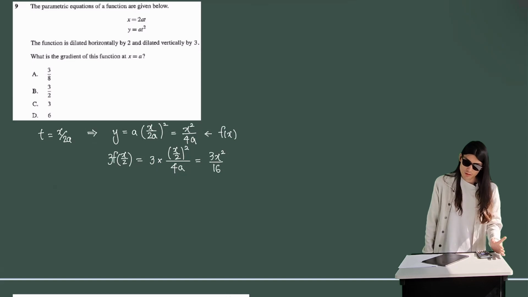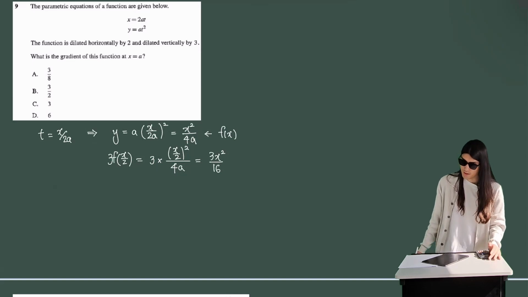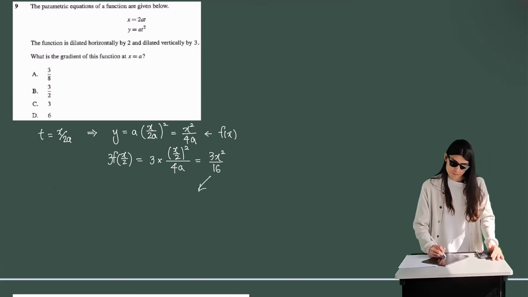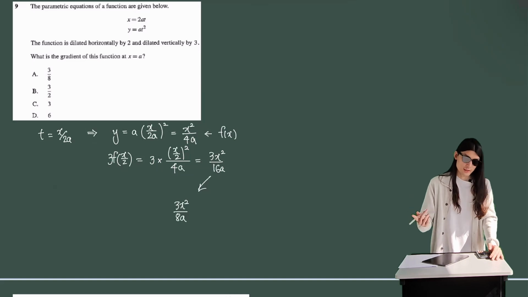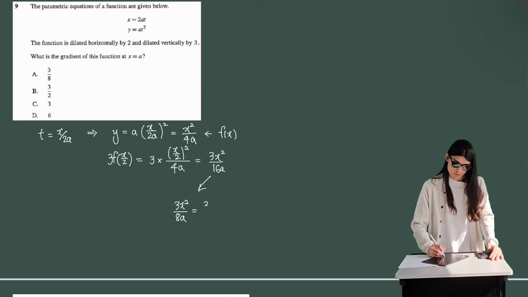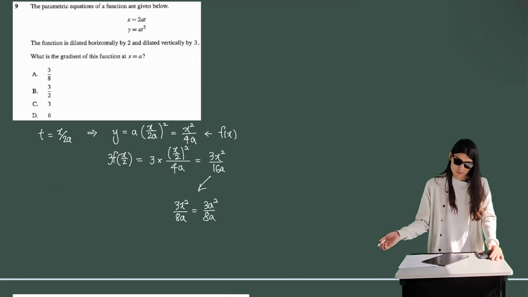And the gradient of this function at x equals to a, well, differentiate this then. So 3x squared over 8a, that's the derivative. Sub in x equals to a, and then cancel.